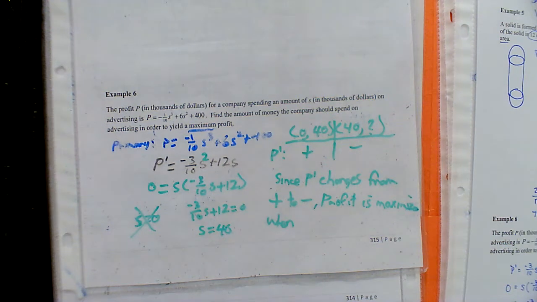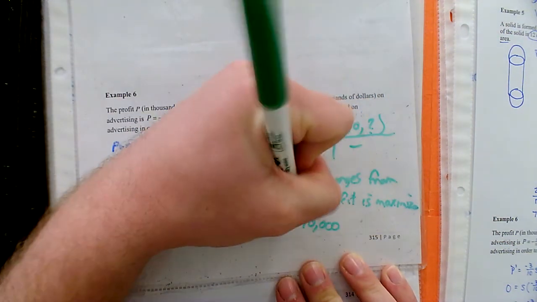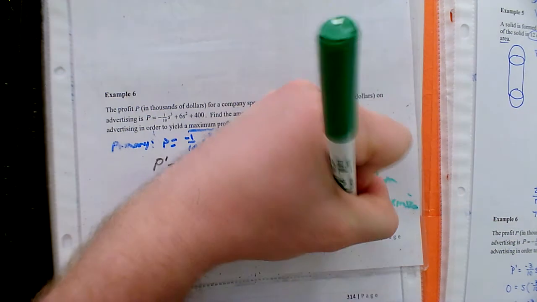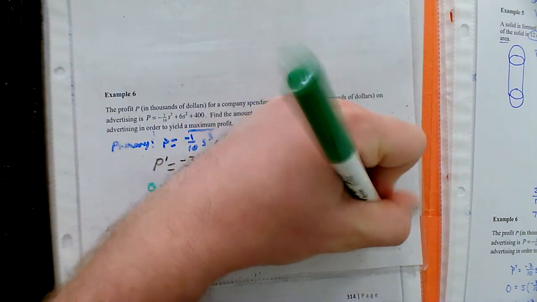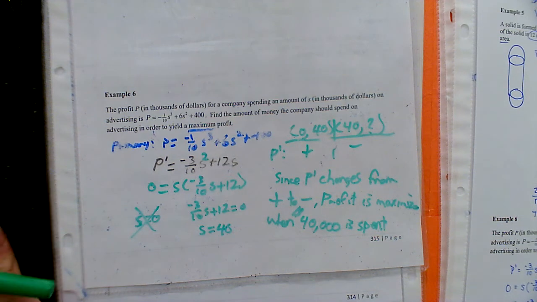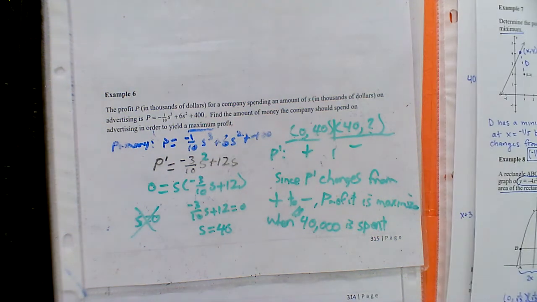Stevie? 40,000. Yeah, it's in thousands, 40,000. When $40,000 is spent. So P prime changes positive to negative. It's maximized when $40,000 is spent. Very good. Any questions? All right, once you're done, we'll go ahead and turn to the back.